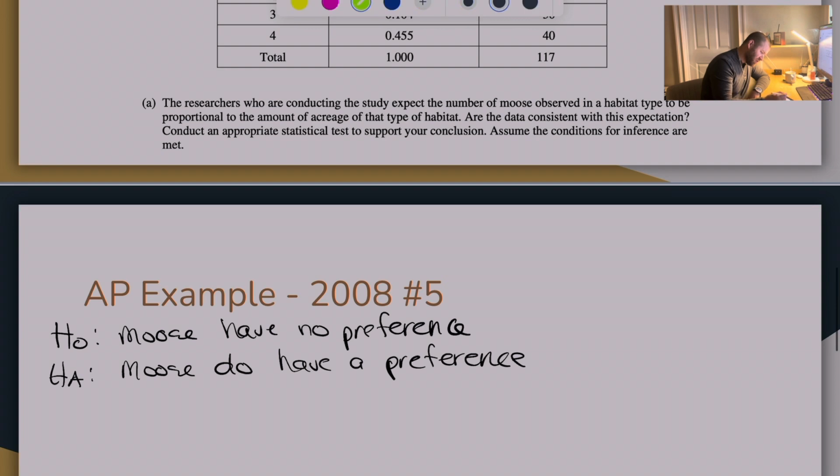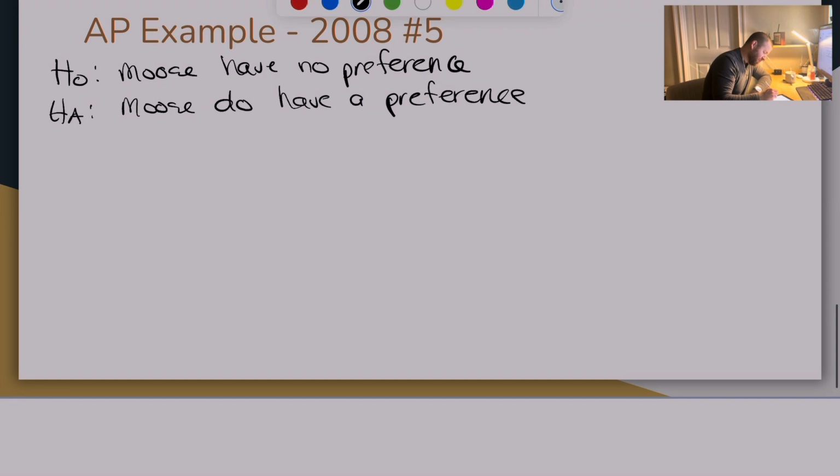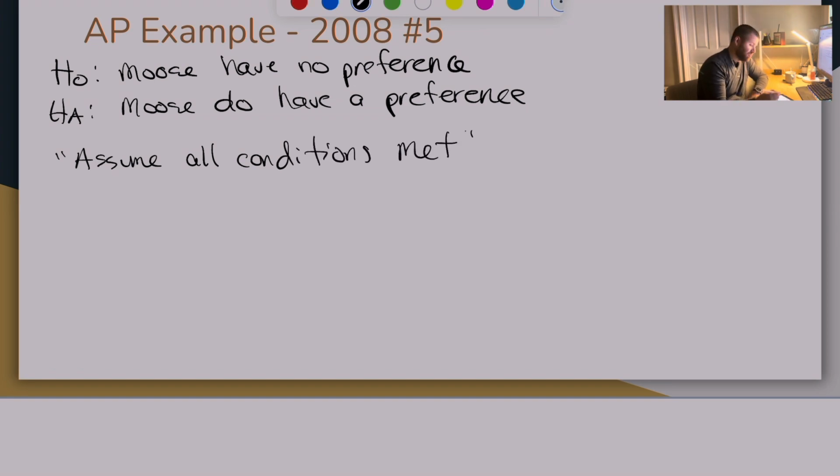If you noticed here very quickly, assume all conditions for inference are met. My favorite sentence ever, right? So for my assumptions, we have assume all conditions met. But at least to show you how I would get the expecteds here.